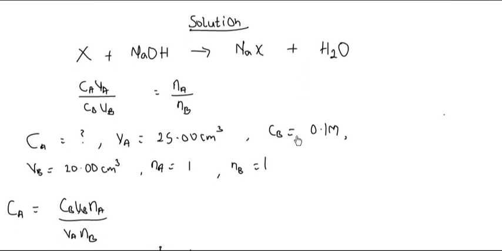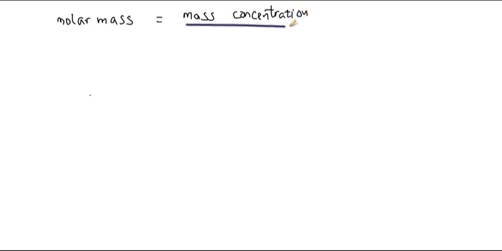To do that, we'll be using the formula which says molar mass equals mass concentration divided by molar concentration. Now we know the molar concentration of the acid. The molar mass is unknown, and that's what we are calculating now.